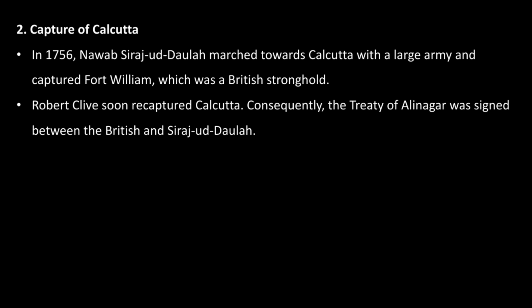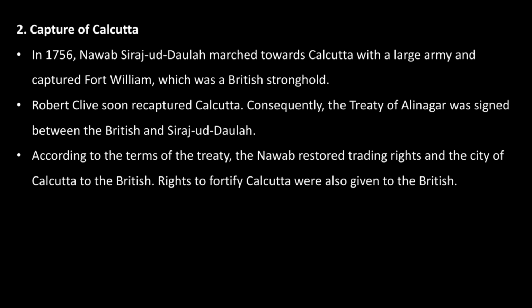Consequently, the Treaty of Alinagar was signed between the British and Siraj-ud-Dowlah. According to the terms of the treaty, the Nawab restored trading rights and the city of Calcutta to the British. Rights to fortify Calcutta were also given to the British.